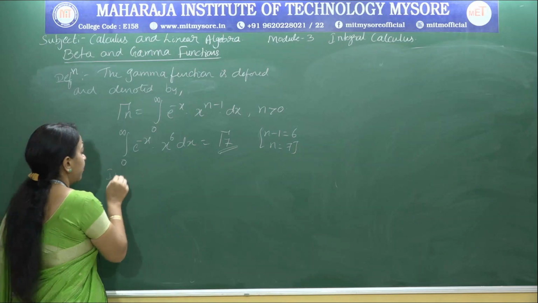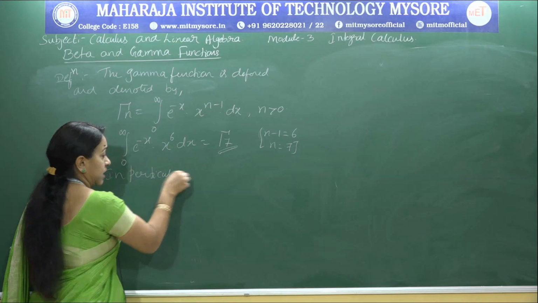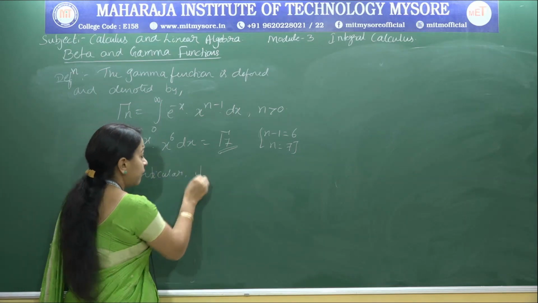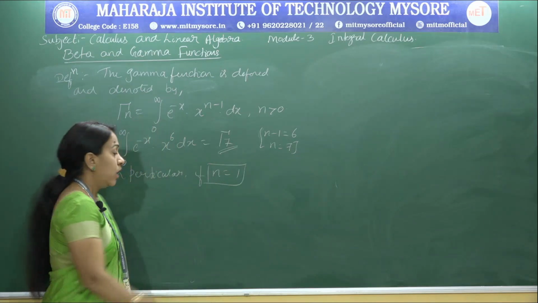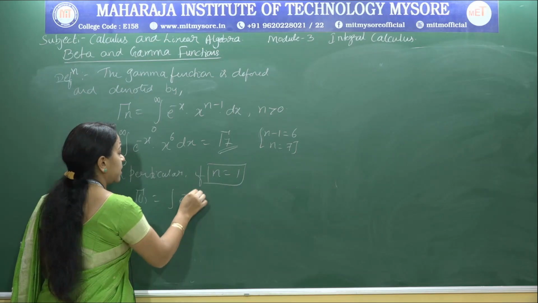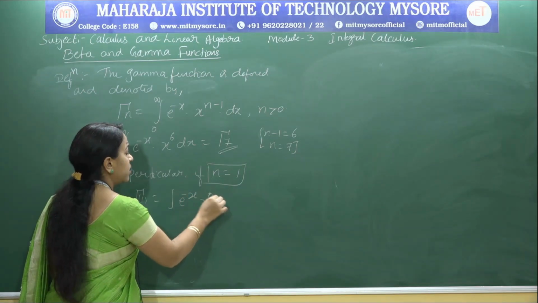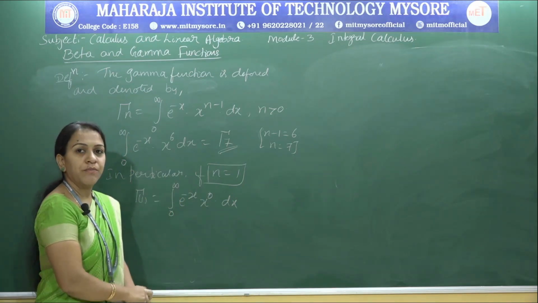In particular, I need a particular result. If n is 1, what is gamma 1? Gamma 1 is the integral of e power minus x into x power 1 minus 1, which is 0, dx between the limits 0 to infinity.